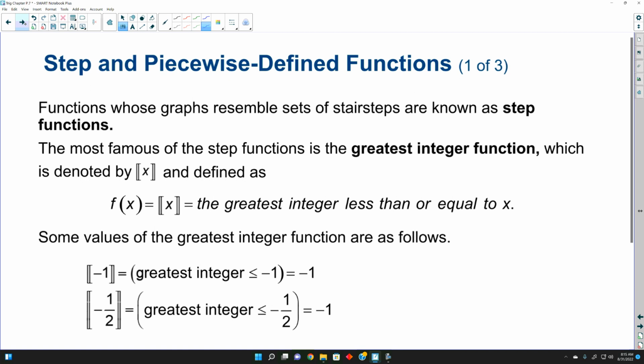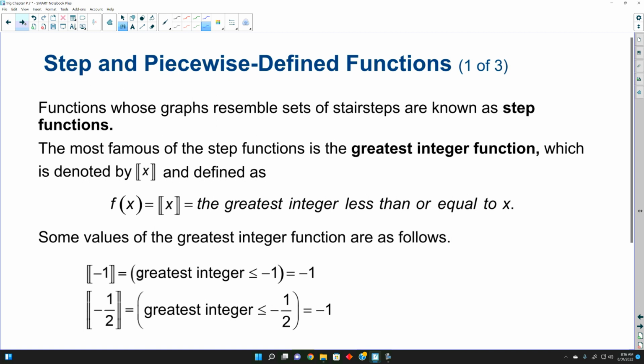Functions whose graph resemble a set of stairs are known as a step function. Yep, that's it. Is the step function here.